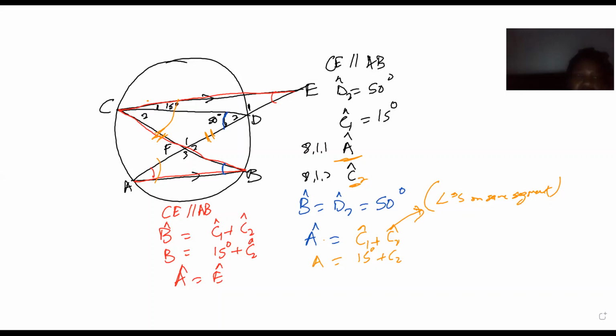CE is parallel to AB, with E on AD produced. Chords CD and AD bisect at F. And then D2 is 50, C1 is 15. They didn't tell us that that is the center, so it's not the center. Okay, so we can use F. We can say those are radii. All right, so let's see. What else can we get from here?